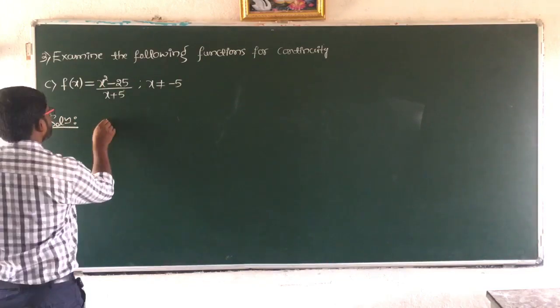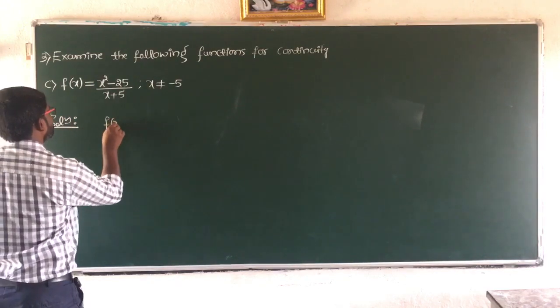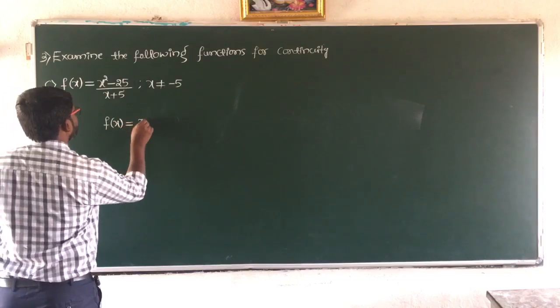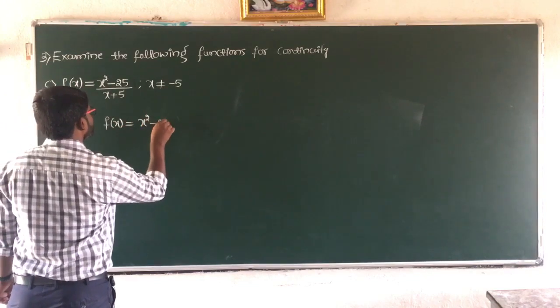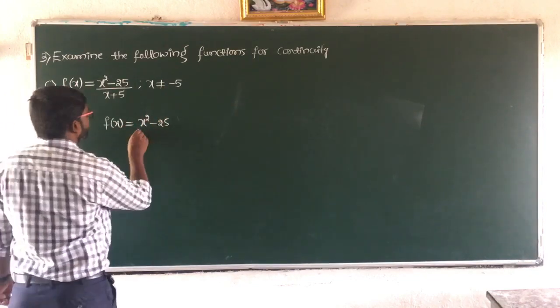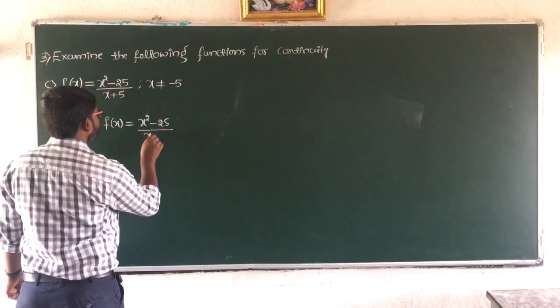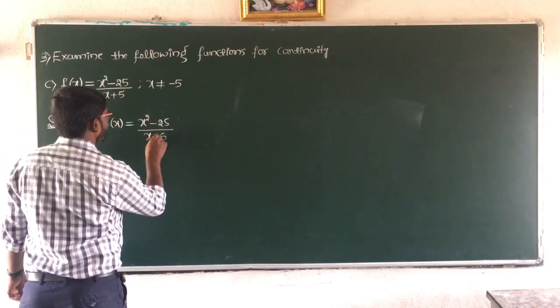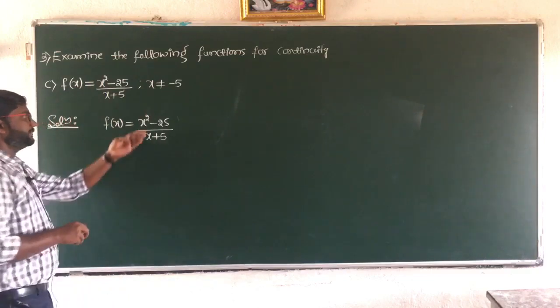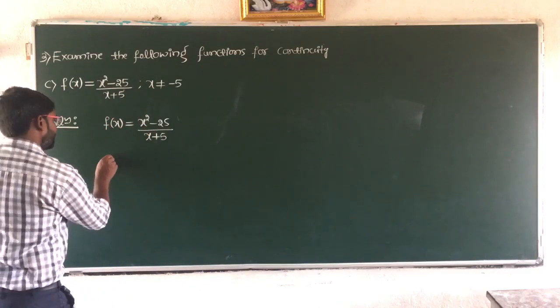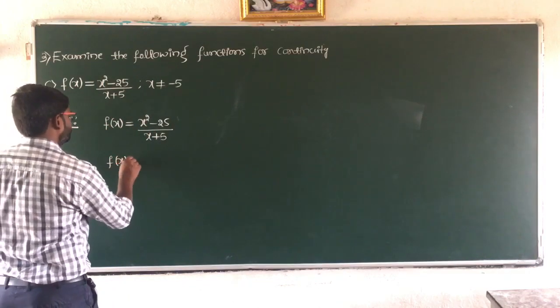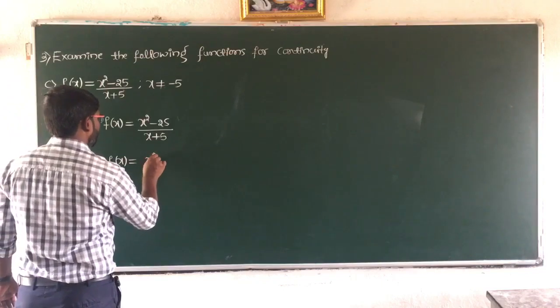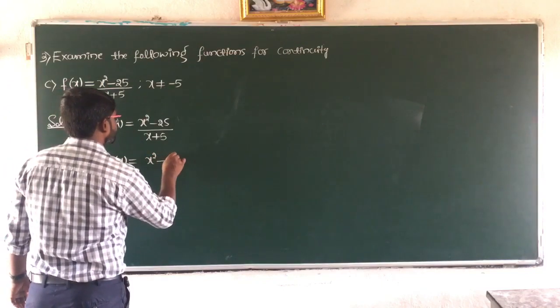So here f of x is equal to (x square minus 25) divided by (x plus 5). Now we'll simplify this numerator. 25 can be written as 5 square.